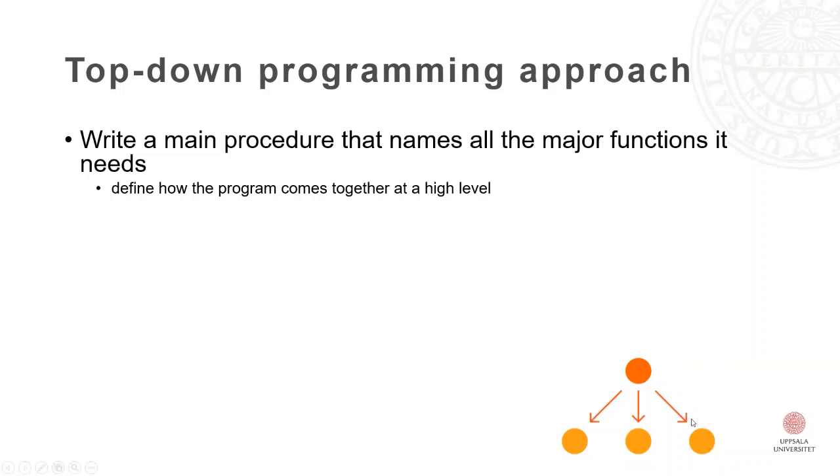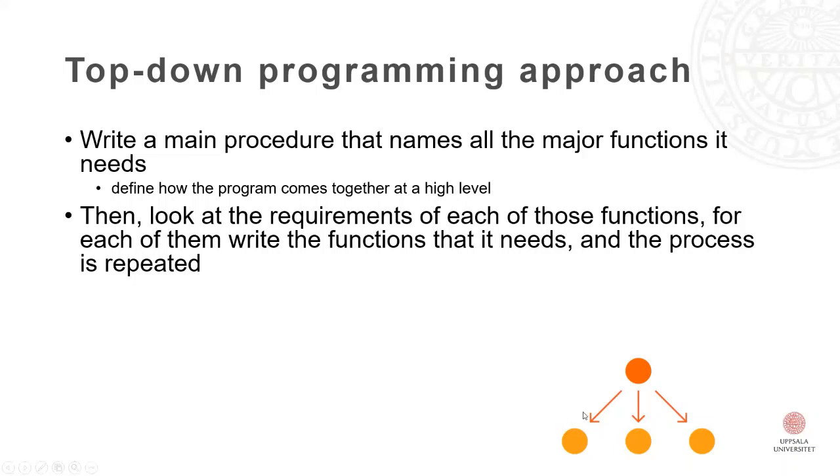So at this point, imagine I have started from here and I have divided the work into these three functions, but I have not yet implemented them. I will just specify their names and maybe briefly decide what they will do. And I will also specify how they connect with this bigger function that includes them.